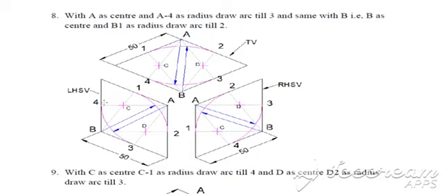Let's see it in a left hand side view again. With A as a center and the distance till the opposite midpoint, that is A4, draw an arc. With B as a center and distance till the opposite midpoint, that is B2, draw an arc.